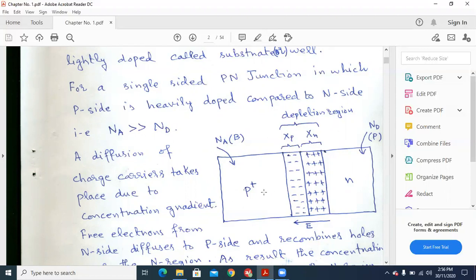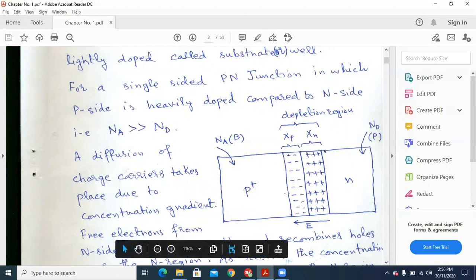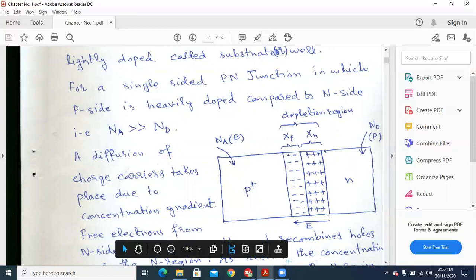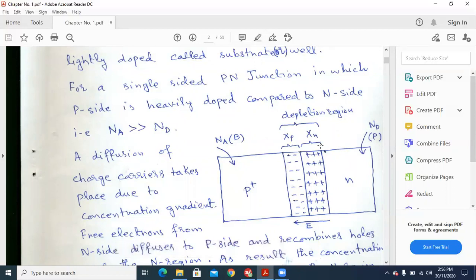Due to the improper concentration of electrons and holes, there is mobility of the charge carriers, and this mobility of charge carriers will form the depletion region. The width of the depletion region xn at the n side is larger, and the width of the depletion region at the p side is smaller.